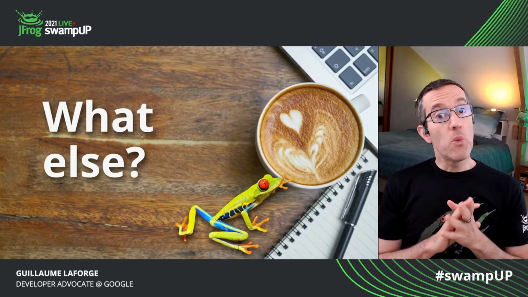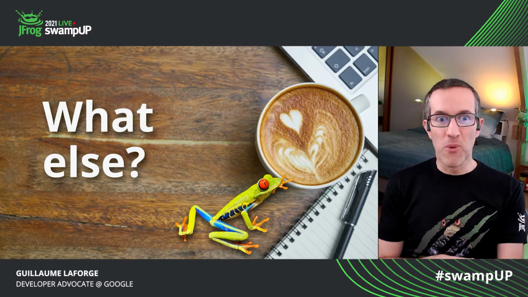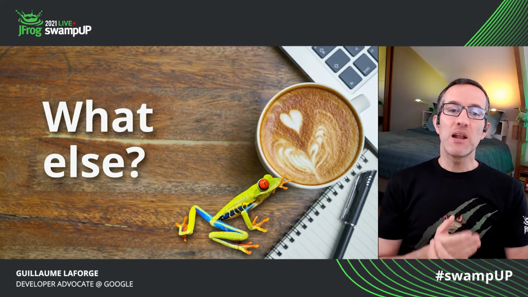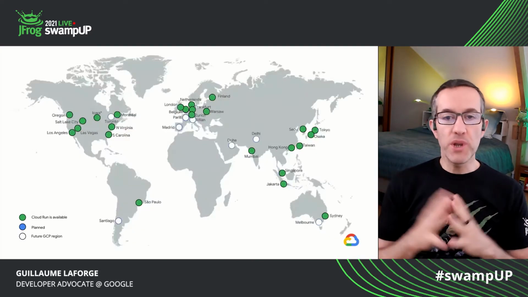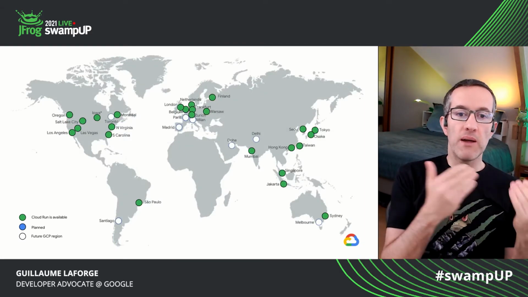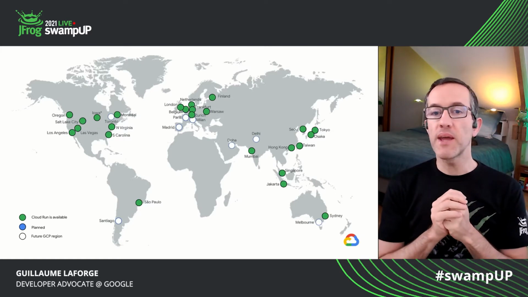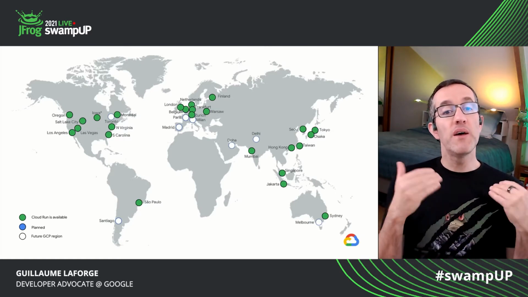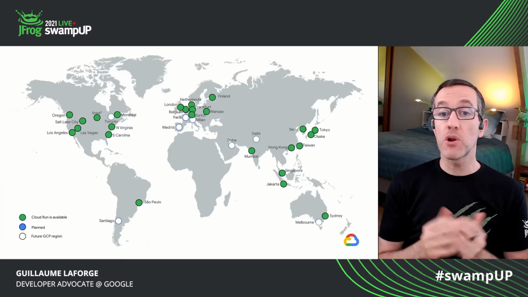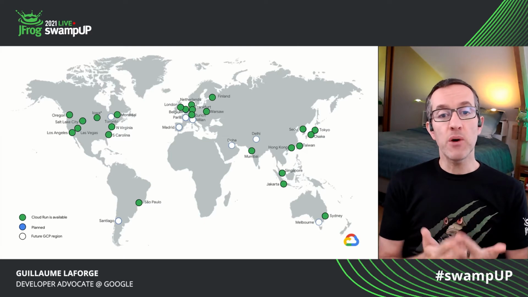All right, so what else? That's already lots, but there's more. Cloud Run is available in tons of regions around the world. And if you pair Cloud Run with the Google Cloud Load Balancer, you can expose a global endpoint that routes user requests to the closest region. So it helps being resilient to region outages.